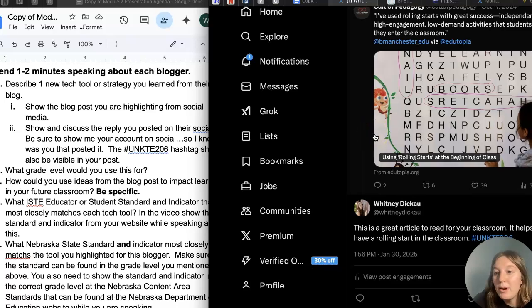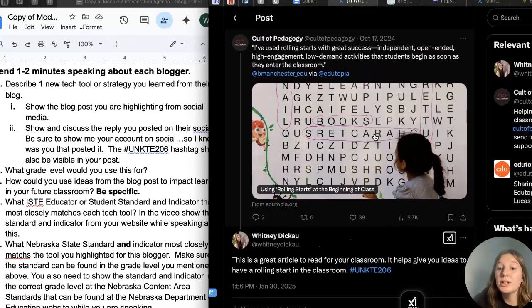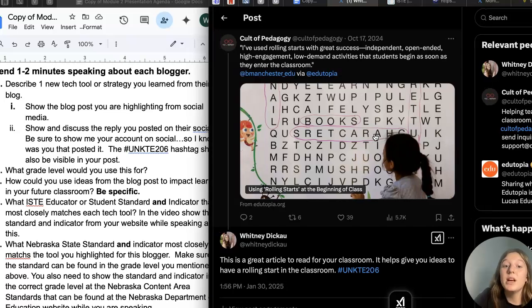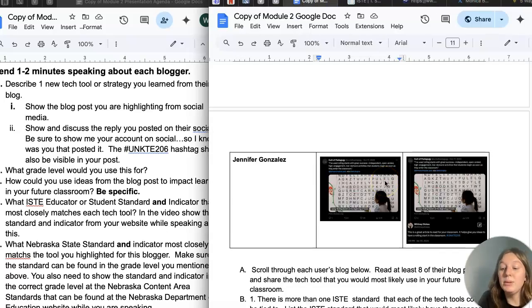My comment I put said, this is a great article to read for your classroom. It helps give you ideas to have a rolling start in the classroom. I put that this could be used for first grade, and this could be very beneficial to put in the classroom because it helps you to get everything started faster within your class.